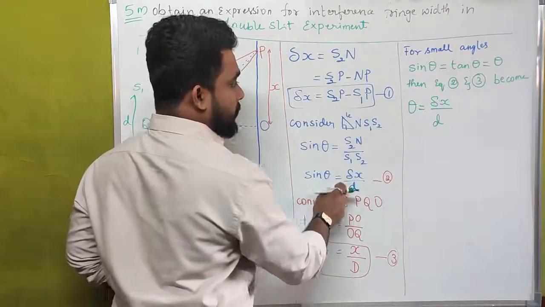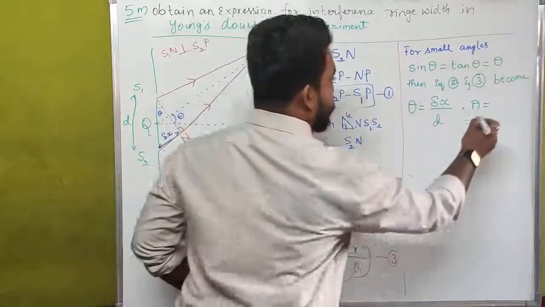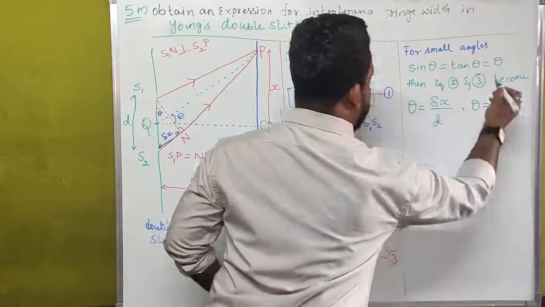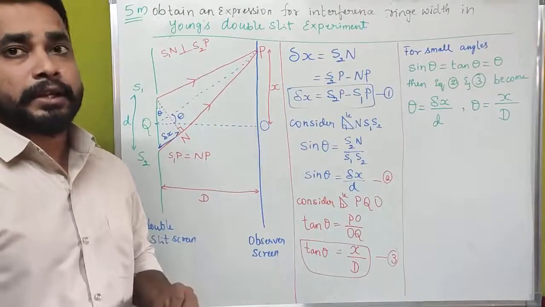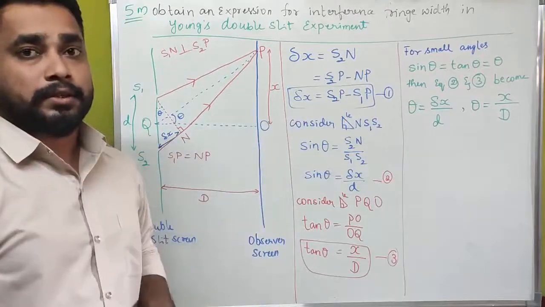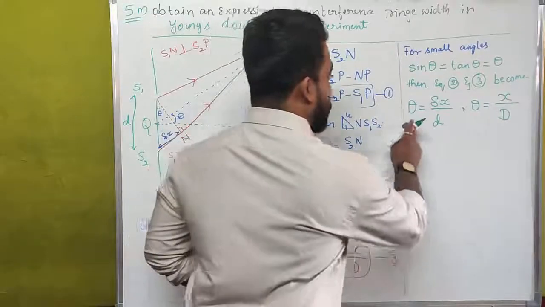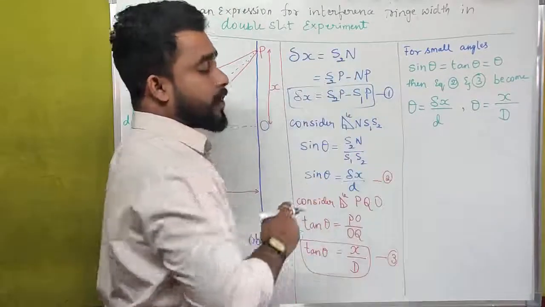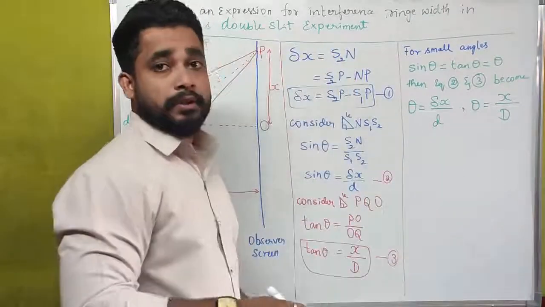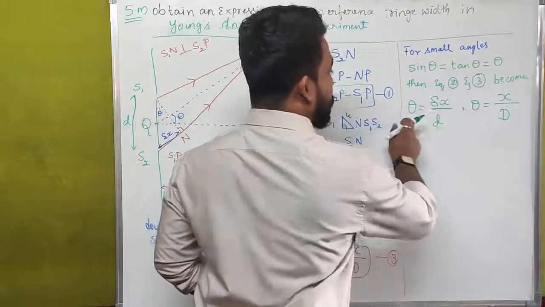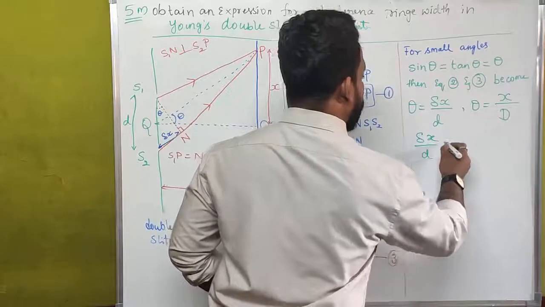And theta is equal to small x divided by capital D. Once we consider small angles for sin and tan theta, theta is equal to delta x divided by d and x divided by D. Now if we compare these two expressions, the left hand side is the same, so the right hand sides are also equal to each other.